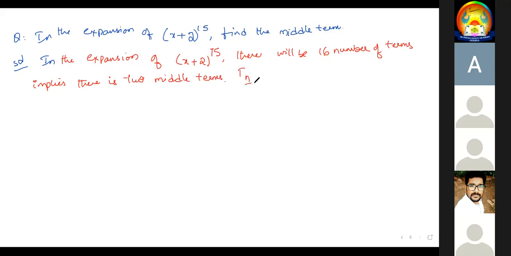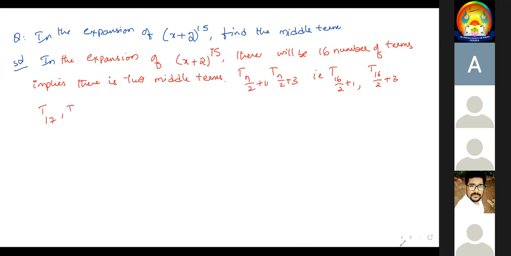What is the formula? T(n/2 + 1) and T(n/2 + 2)... that is, T(16/2 + 1) comma T(16/2 + 2)... that is equal to T9 and T10. How much will it become? 16 by 2 is 8, plus 1 is 9.